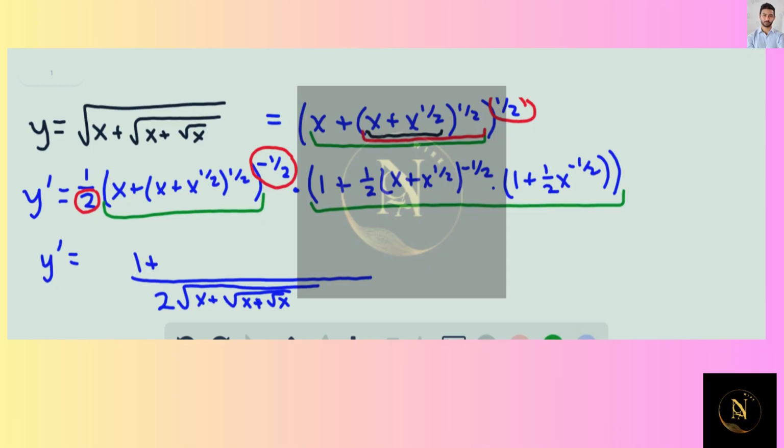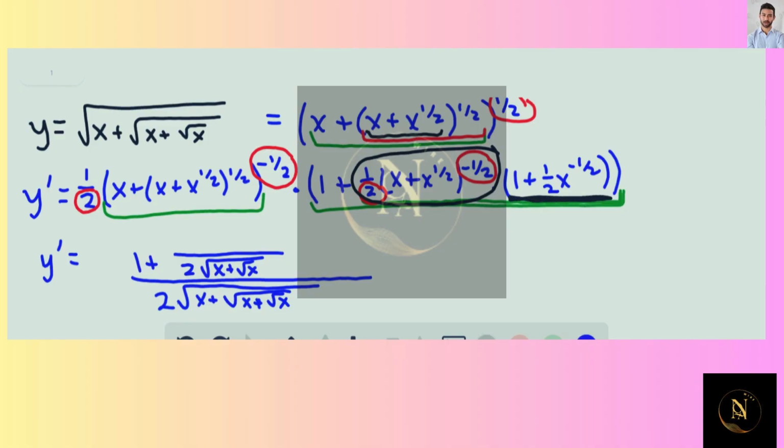Well, we've got the plus 1. We can start with that. And then we're going to work on this part in a very similar way we just worked on the previous part. So we have the 2 on the bottom. We have a negative 1/2 power, so that part's going to go on the bottom as well. So we're going to have the 2 times the square root of x plus square root x. So that takes care of all of this.